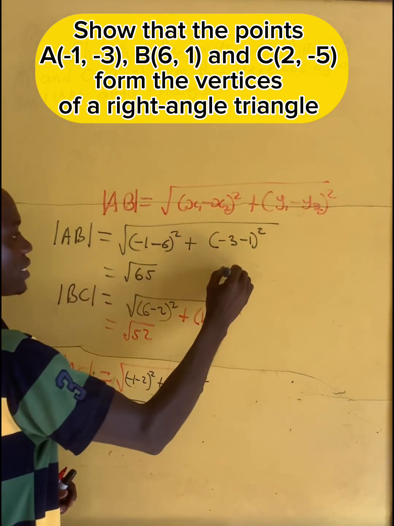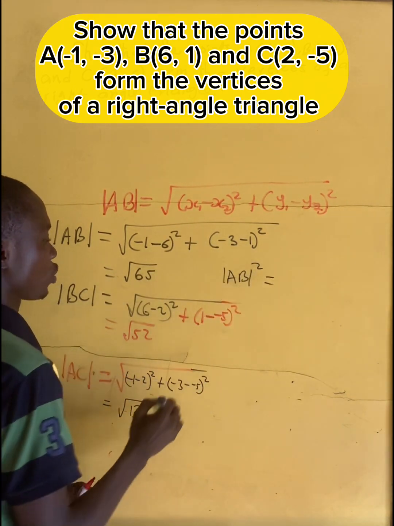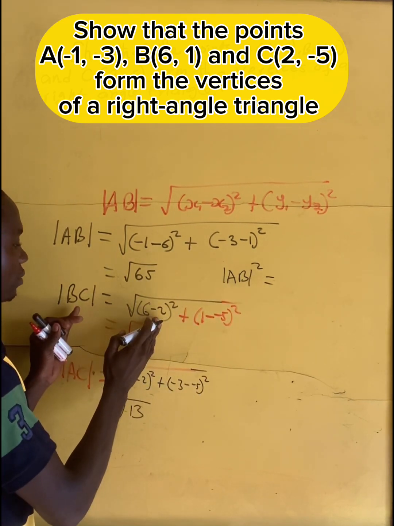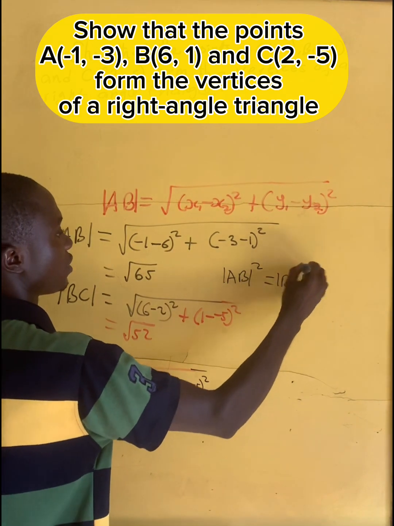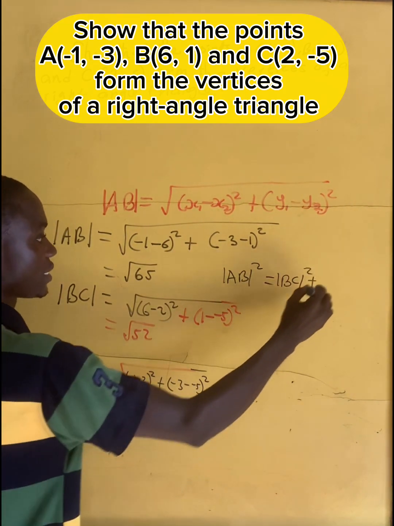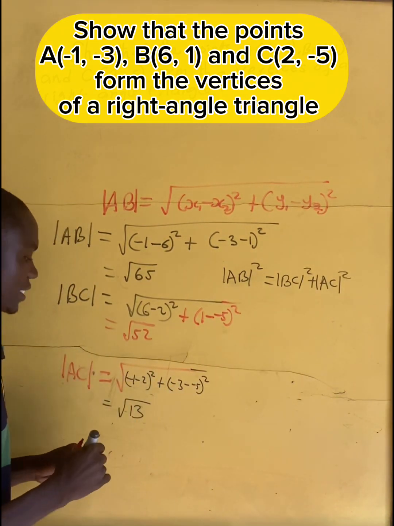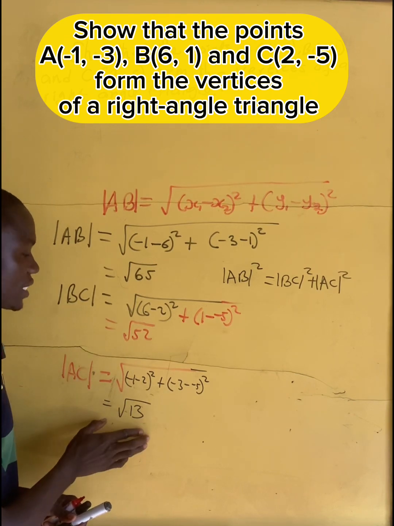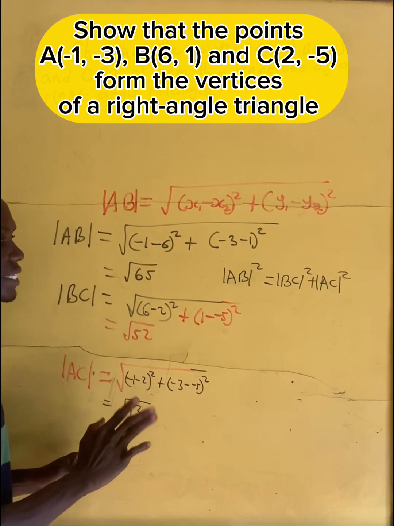So the highest one is AB. AB squared should be equal to the sum of the other two squared. Please note this. Here I wrote AC. You can do it CA, the same thing. Here you can do it CB, the same thing. Here you can do it BA, the same thing.